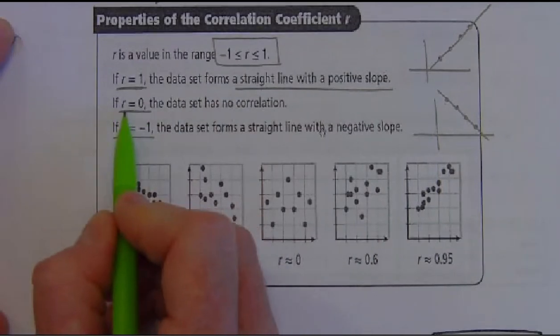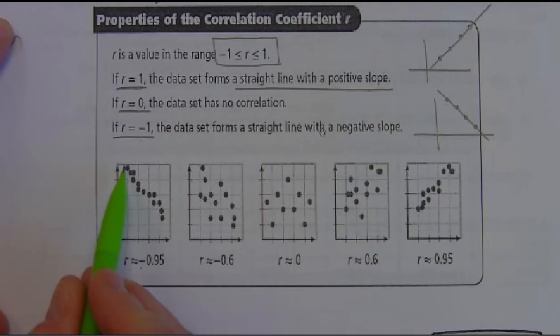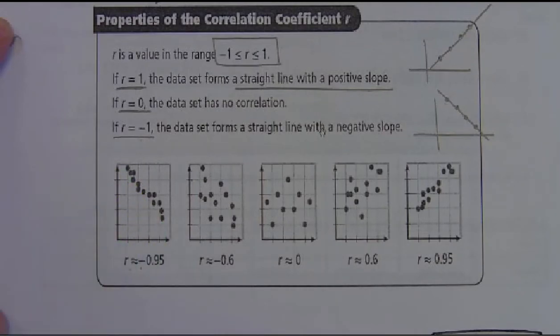If your R value is 0, the points are all over the place and you cannot tell whether it has a positive or negative correlation, and there really is not a line of best fit to draw. Down below, here are some examples. In this one, you will quickly see that the R value is negative because it forms a negative slope, like you're walking downhill on that line.